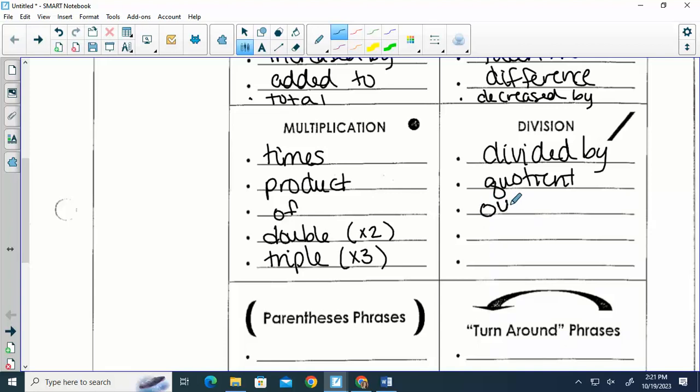We might just say over, like 5/10 just means 5 divided by 10.